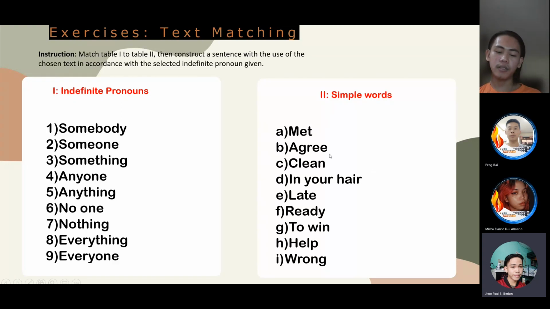Okay, that's good. Since I am the first to move, I'm going to choose from table 1 this, somebody, and from table 2 I'm going to choose the word met, and my sentence is: Elaine met somebody at the coffee shop.